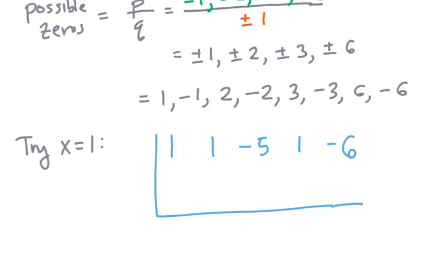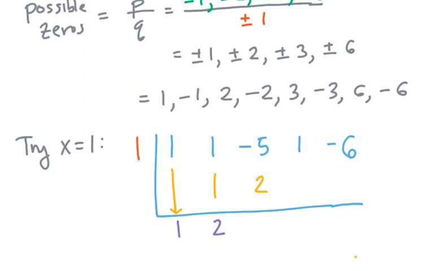I'm dividing by 1. At this point, I'm not going to elaborate too much on this process. I know you guys are well experienced by this point with synthetic division, but I'm just going to carefully show my steps, trying not to make any goofy arithmetic errors.